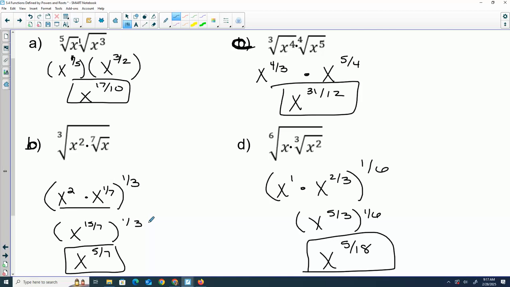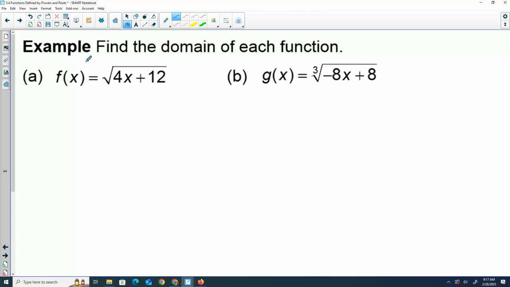I'd like to switch gears and do a few domain problems if we could. So if I ask you to find the domain, what do I have to look at to decide my domain?